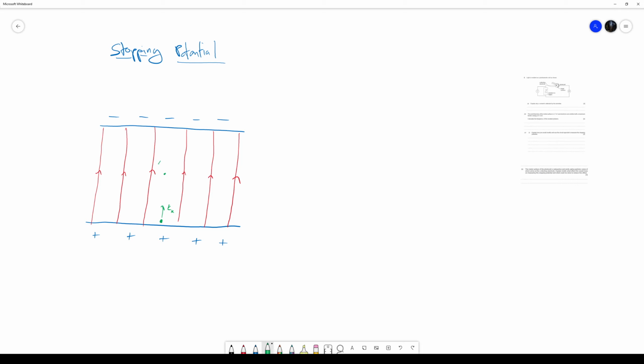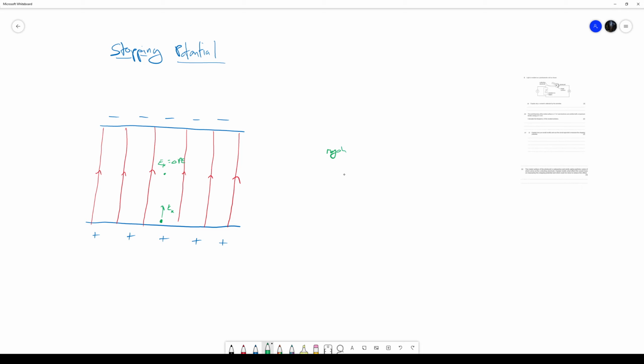We can say that at this height Ek must be equal to the change in potential energy. And the change in potential energy, for a gravitational field, that is the force on it, which is mg times the change in height. No problem. In an electric field, we could do a similar thing.